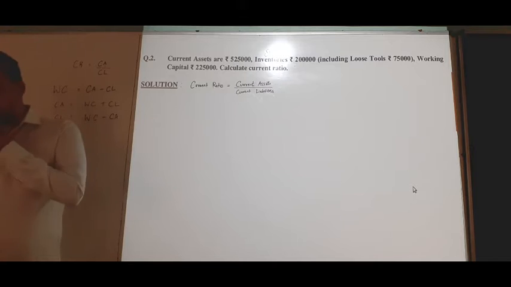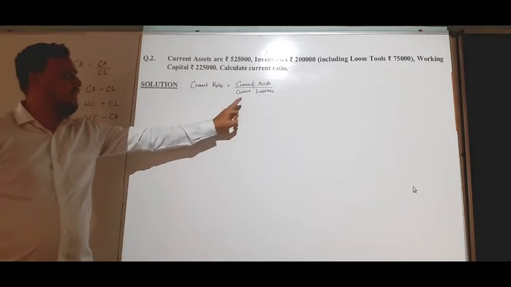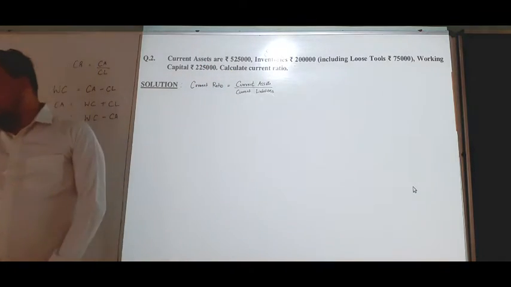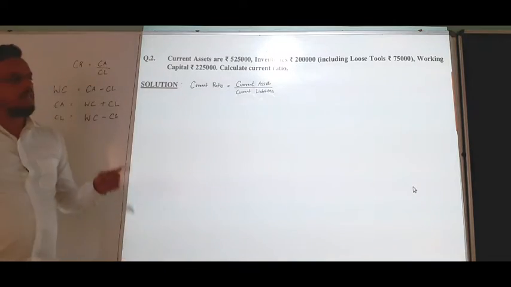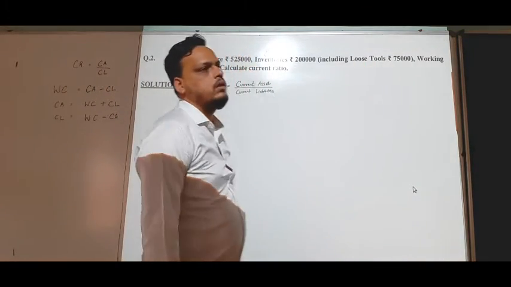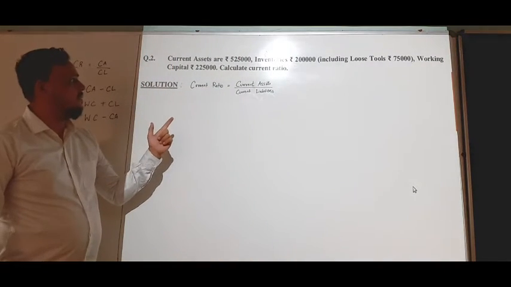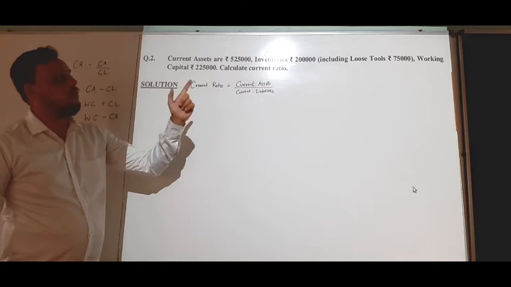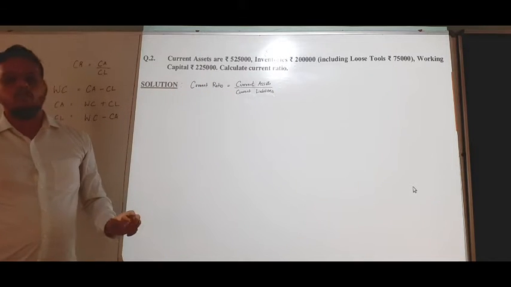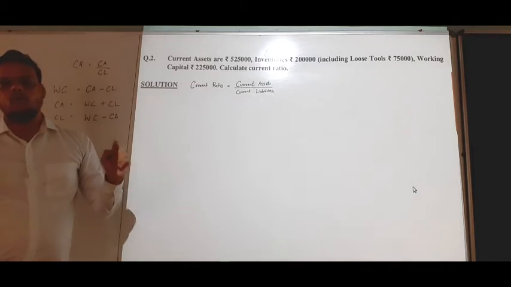Now we have to find exactly that working capital has been given. We have to find exactly the current liability. Assets is already given, but we have been told that it includes loose tool. So working capital is also given. Current assets is given, but in inventories the loose tool has been added. So what we have to do, we have to use the working capital concept.